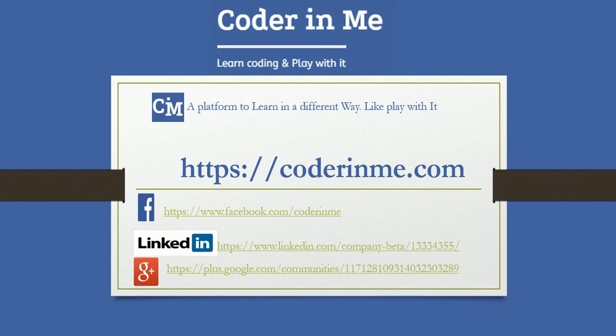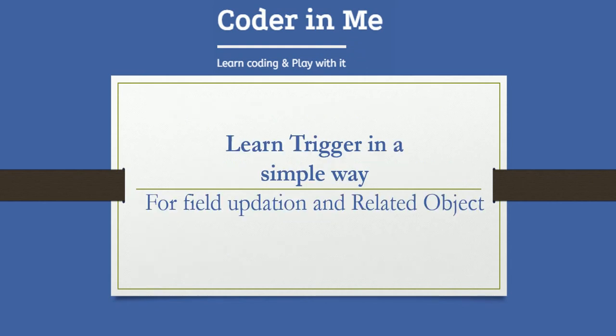In this series, the first thing I will discuss is a trigger: learn trigger in a simple way. Those who know about triggers, I will not provide a very vast or advanced type of trigger here.